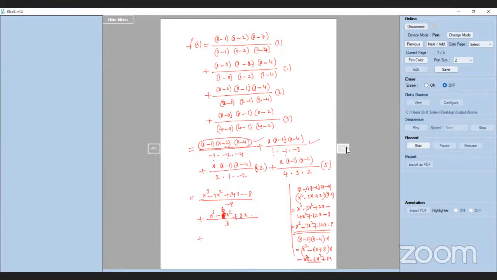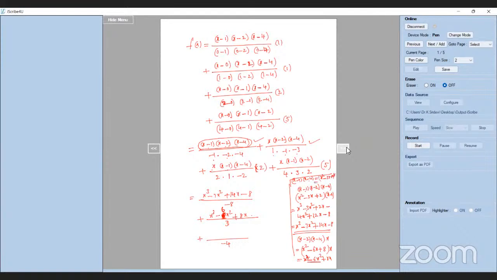Next one. 2 into minus 2, minus 4. So (x minus 1) into (x minus 4) into x. (x minus 1) into (x minus 4) equal to x squared minus x minus 4x plus 4, into x.